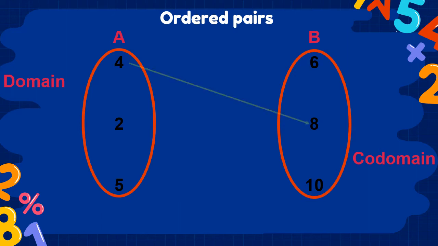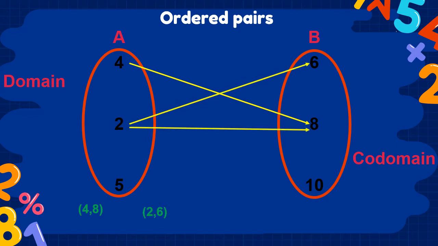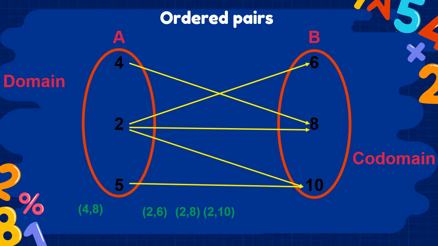For example, we have (4, 8), (2, 6), (2, 8), (2, 10), and (5, 10), wherein set A, the domain, will be our x-axis or the value of x, and set B, the codomain, will be the y-axis or the value of y. So 4, 2, and 5 will be the x-axis or the domain, and 6, 8, and 10 will be the y-axis or the codomain.